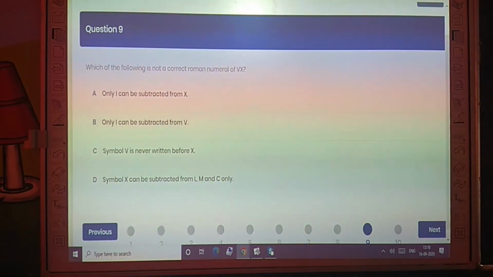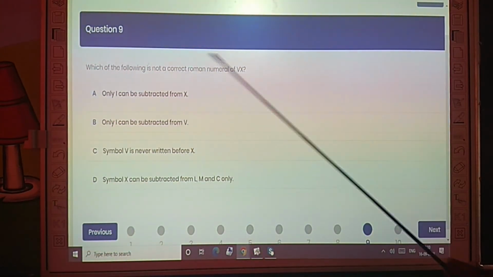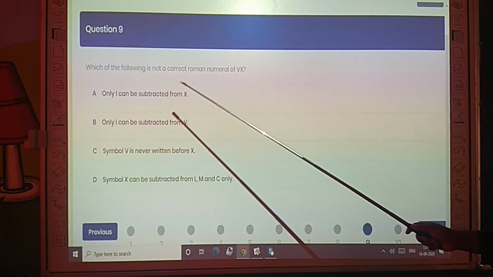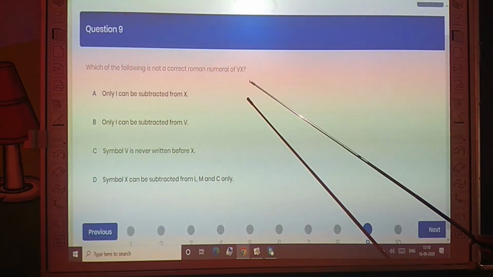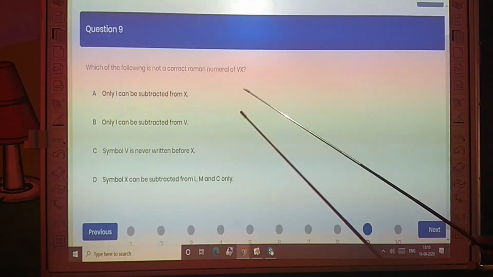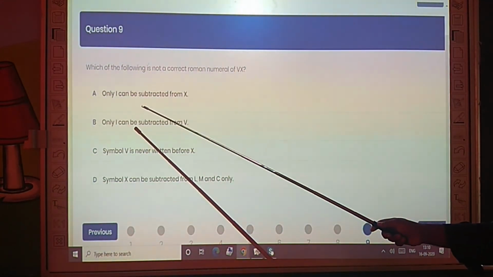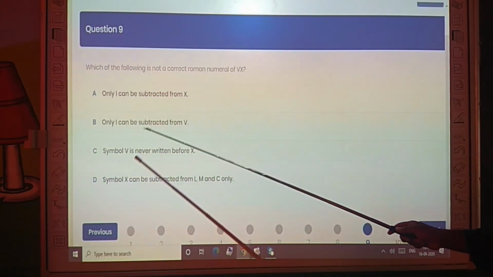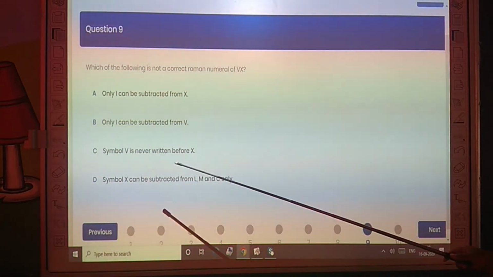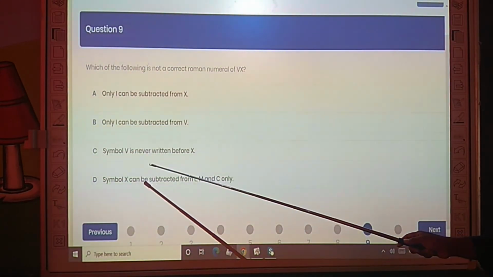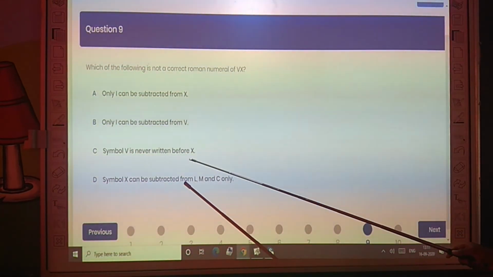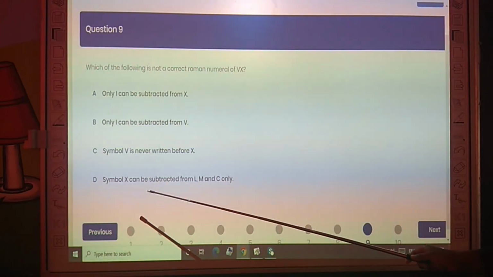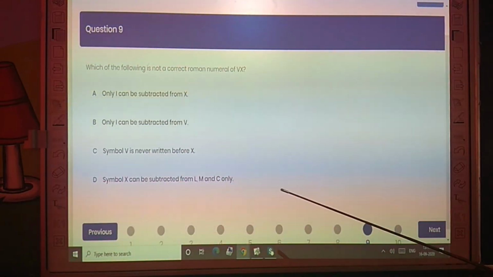Question number 9. Which of the following is not correct? Roman numerals: only I can be subtracted from V and X. Only I can be subtracted from V. Symbol V is never written before X. Symbol X can be subtracted from L, M and C only. Question number 10.